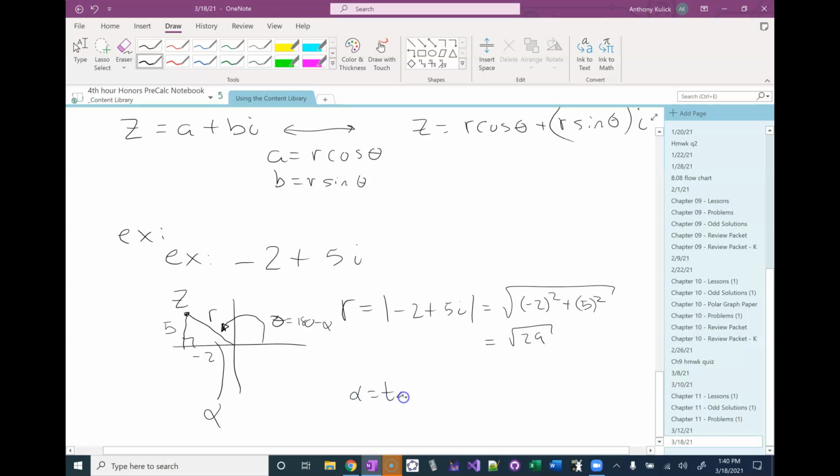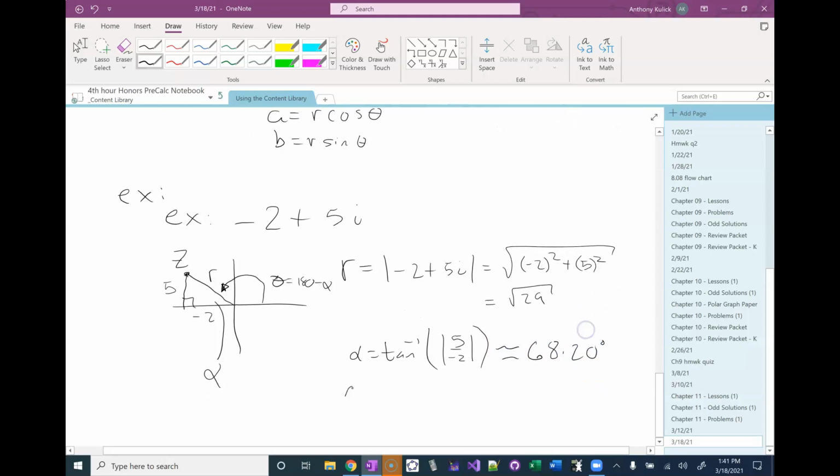And alpha is going to be tangent inverse of the absolute value of y over x. When I type that into my calculator, that is about 68.20 degrees. So theta is about 111.8 degrees.